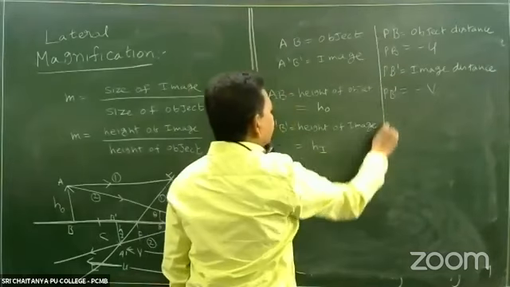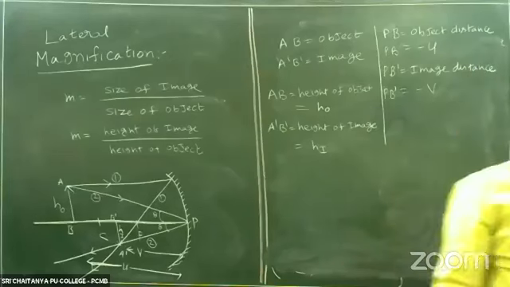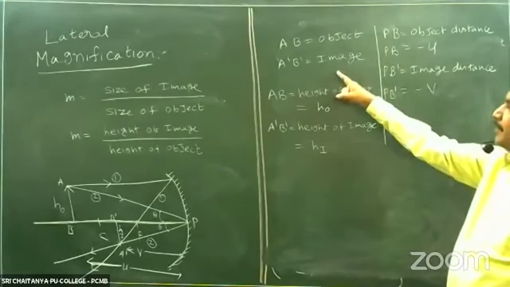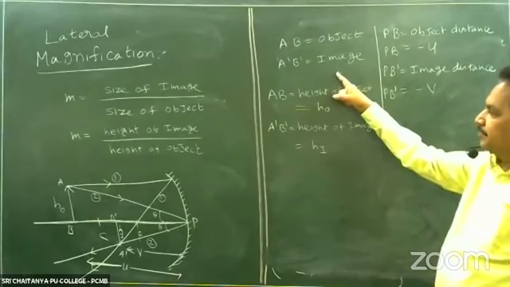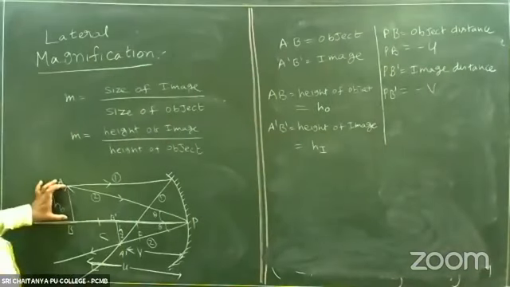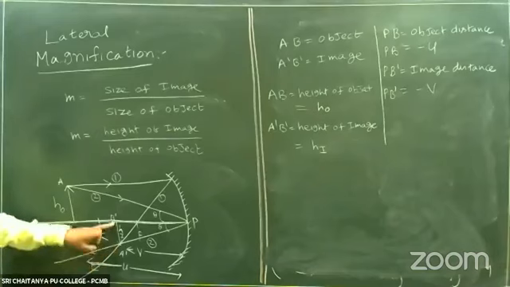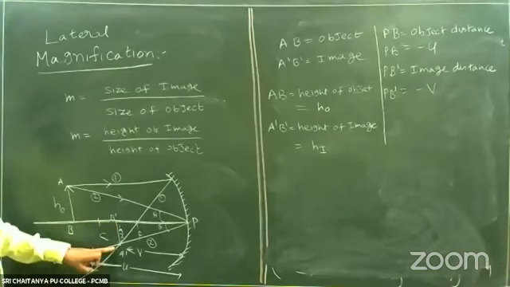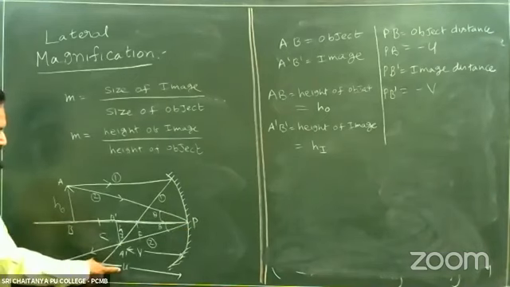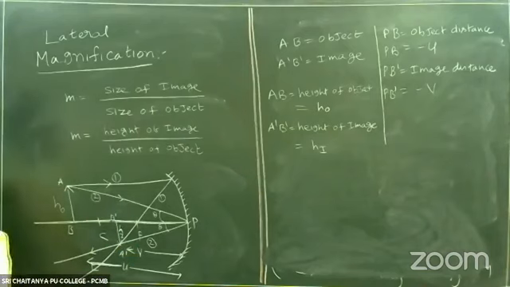From the diagram, AB represents the object, A dash B dash represents the image. AB also gives us the height of the object, H naught. A dash B dash represents the height of the image, HI. PB is the object distance, PB dash is the image distance.